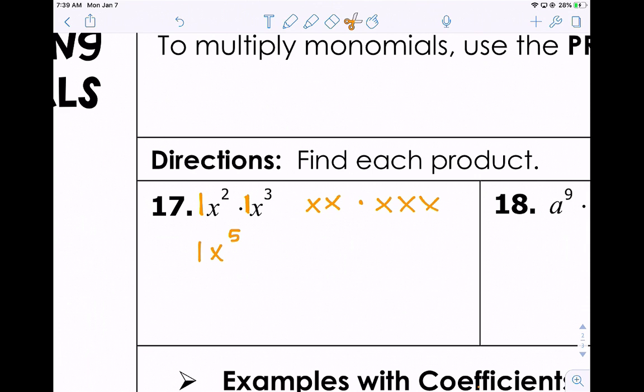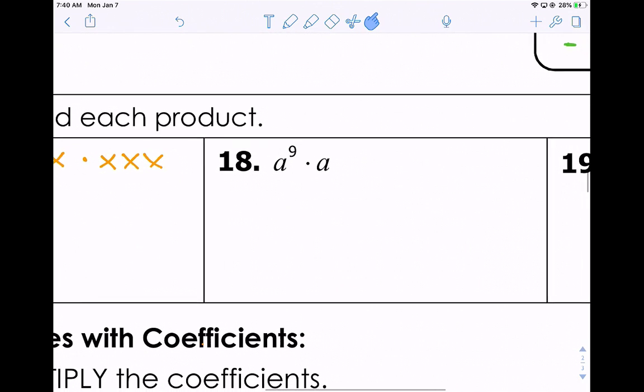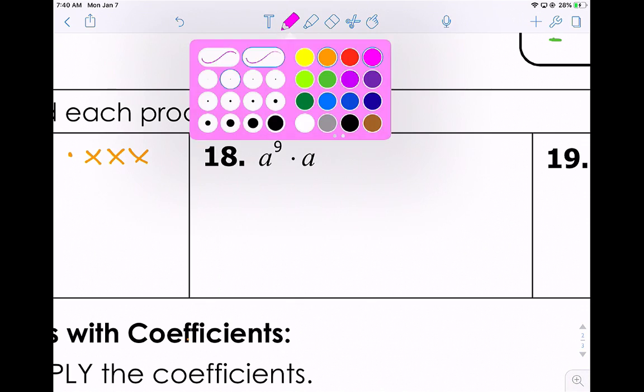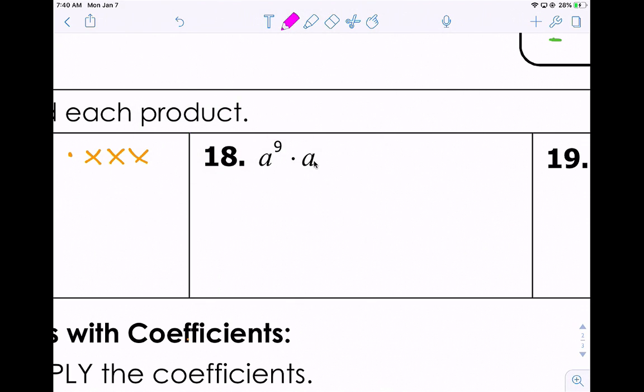Okay, so let's look at number 18. So we have a to the 9th times a. So we can multiply these. We cannot add them, but we can multiply them. So to multiply, all we do is add the exponents. So this one right here has an imaginary 1. They don't write that, but there's an imaginary 1, just like there's an imaginary 1 in front of both of these as well.